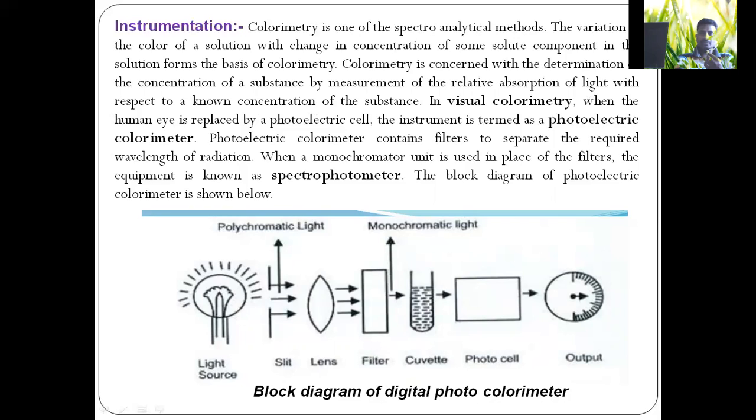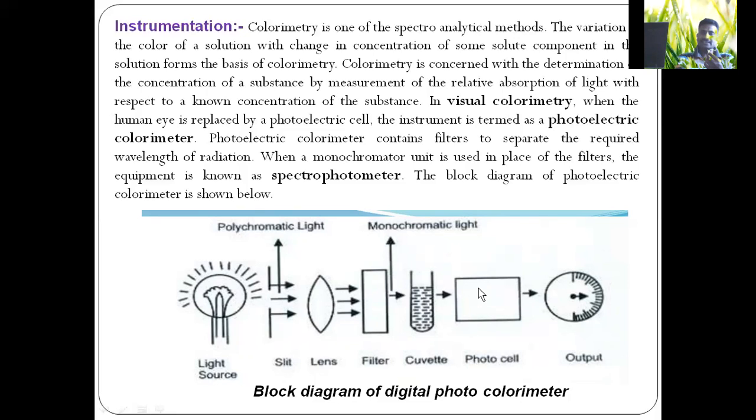Earlier we were using visual colorimetry, in which the human eye was used. But when you take a photoelectric colorimeter, a photoelectric cell is used, so that is the digital photocolorimeter. So the visual colorimeter consists of the human eye, but the digital photocolorimeter consists of a photoelectric cell.